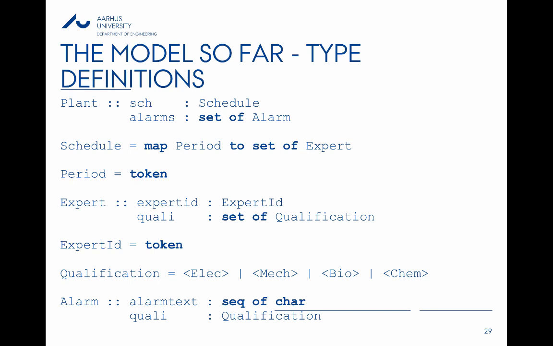The schedule should be a map from period to set of experts. A period should just be a token. An expert should have an expert ID and a set of qualifications. An expert ID is again a token. The qualification is this kind of enumerated type. And the alarm is a record with alarm text and one qualification.